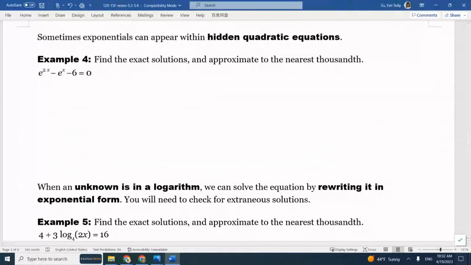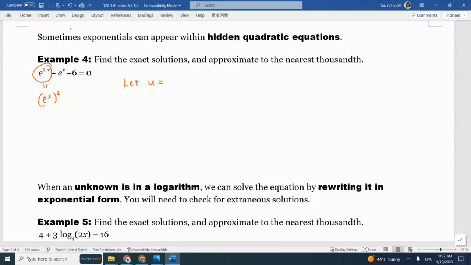Okay. Hidden quadratic. We've seen this before in chapter 1, right? Hidden quadratic. So you can see here, e to the 2x is like e to the x squared. Do you agree, everybody? So this is a hidden quadratic. You use a substitution.